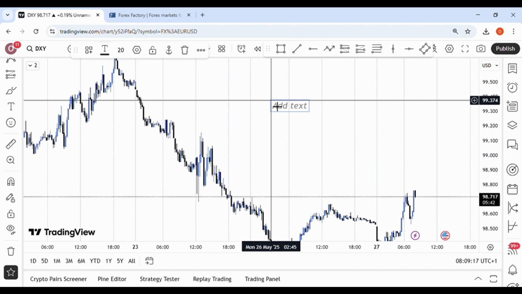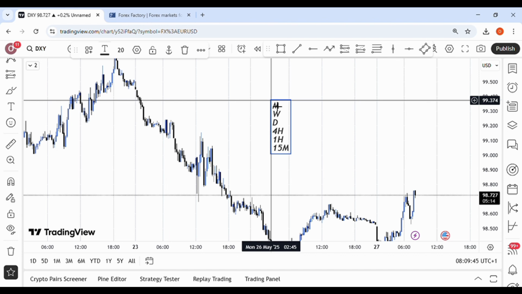You can use your monthly time frame, your weekly time frame, your daily time frame, and your 4-hour time frame, also with your 15 minutes time frame. These are the time frames I use. Sometimes I use my 1-hour time frame before going down to the 15 minutes time frame. These are the time frames I use when doing my top-down analysis for the first time in the week.